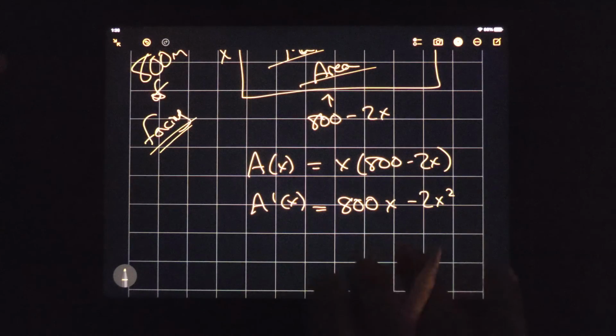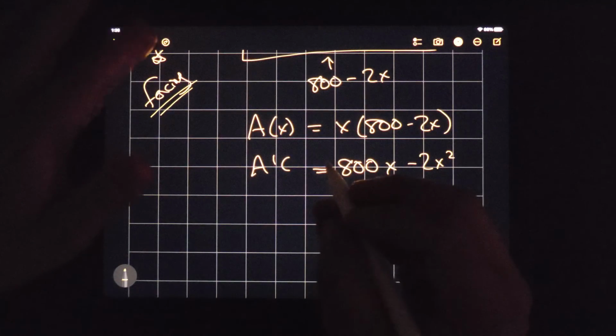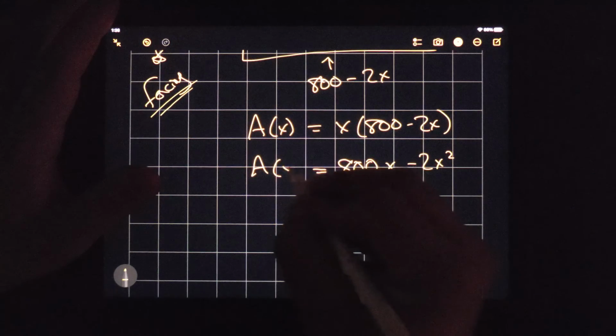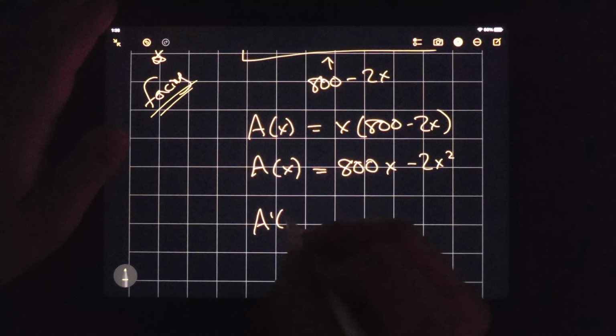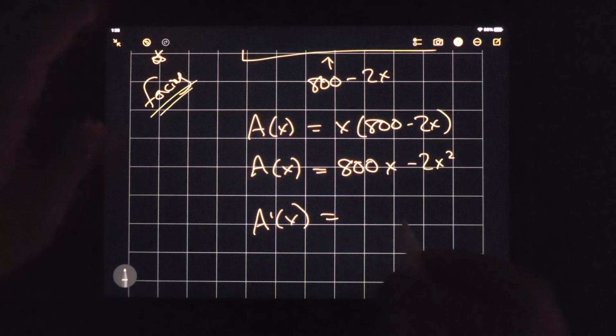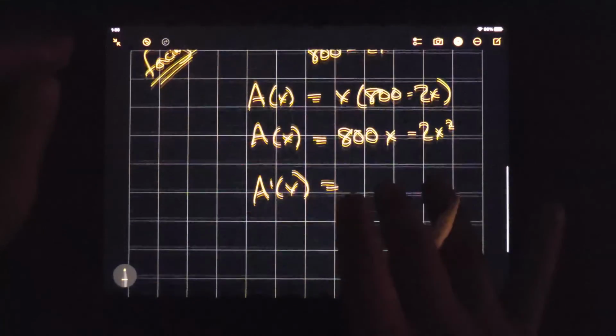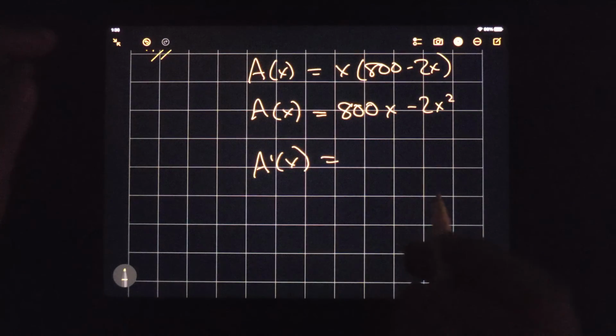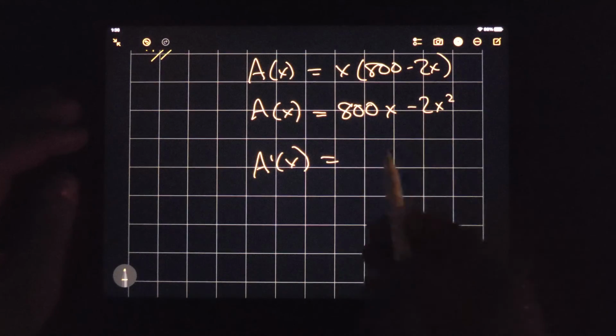So remember what I said in the beginning. The derivative of this will give us the maximum of this function.